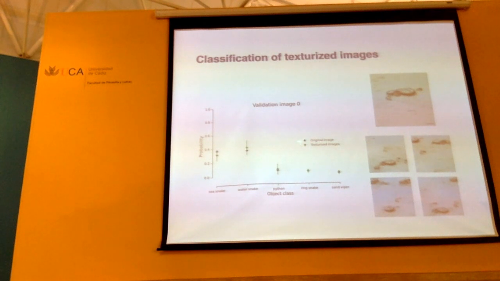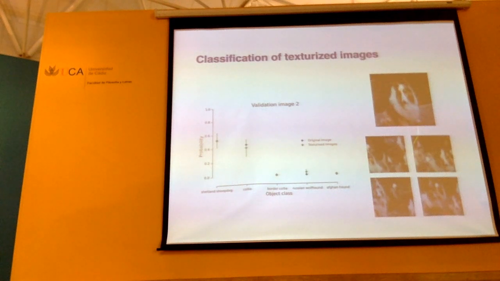The blue points here are the classification of the original image with the VGG network, and the green ones are what it does with the texturized images, and there's a very strong correlation between the two, also for this image. So it doesn't bother the network that this dog is more a dog texture than a dog.